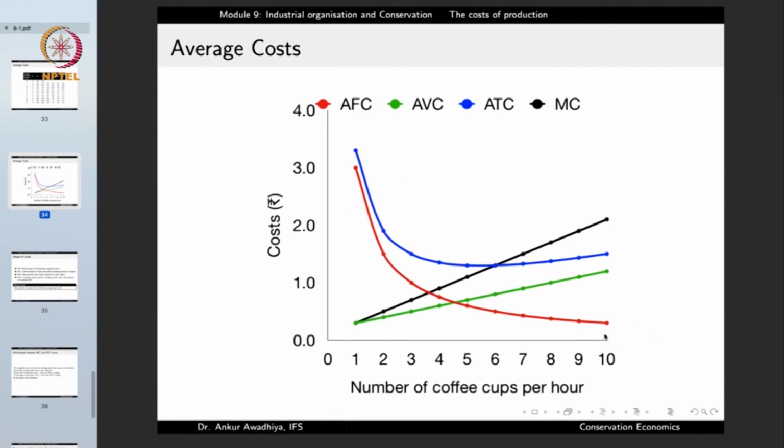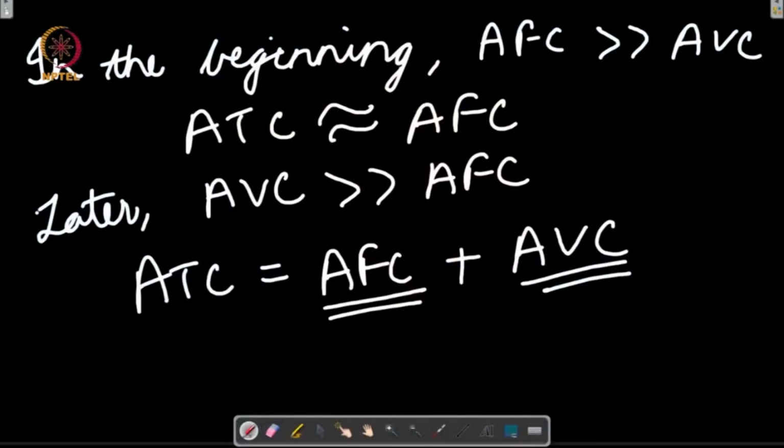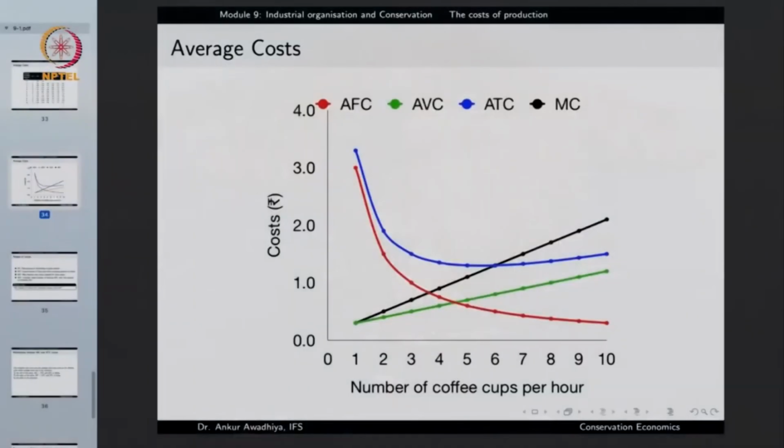So later on, the average fixed cost is less, the average variable cost is very high. And so we can write that the average total cost is approximately equal to the average variable cost, because later on we can neglect the average fixed cost.